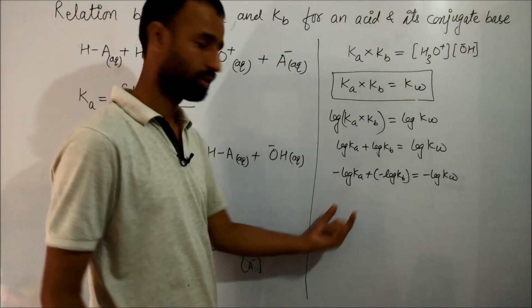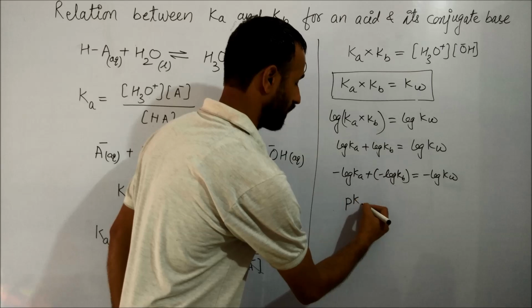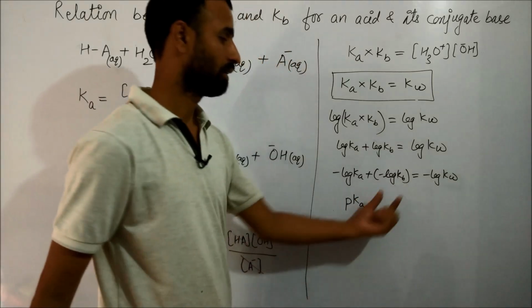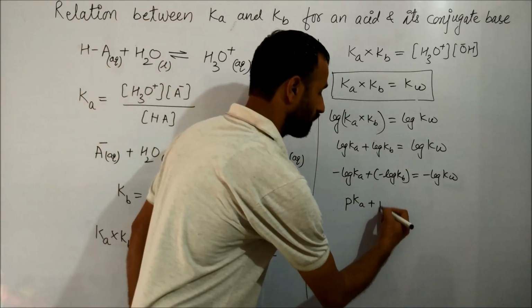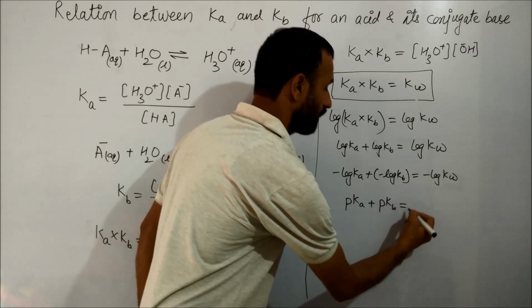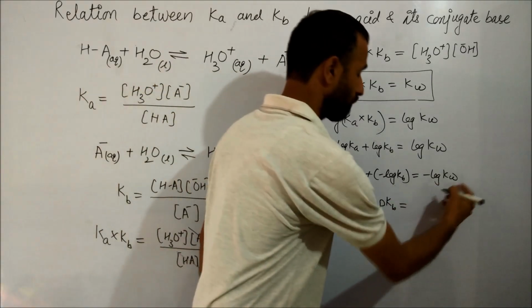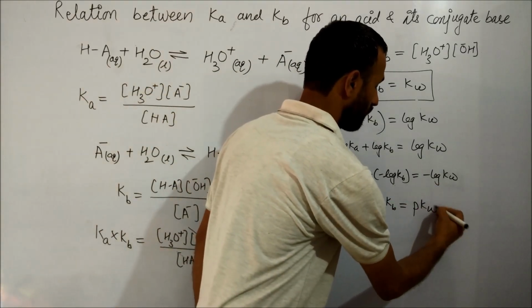Minus log of Ka is pKa, minus log of Kb is pKb, and minus log of Kw is pKw.